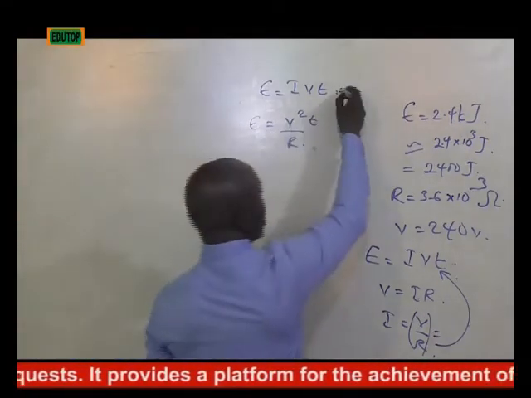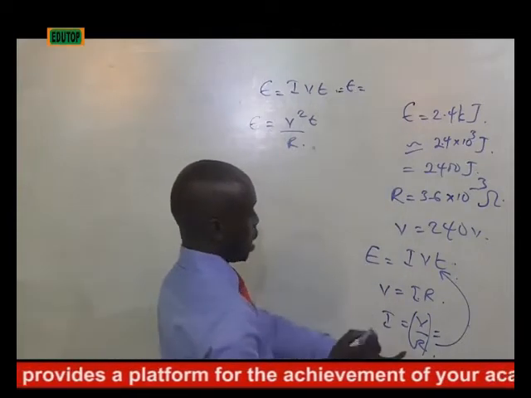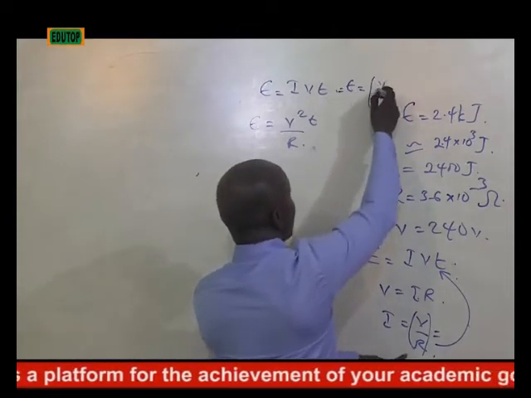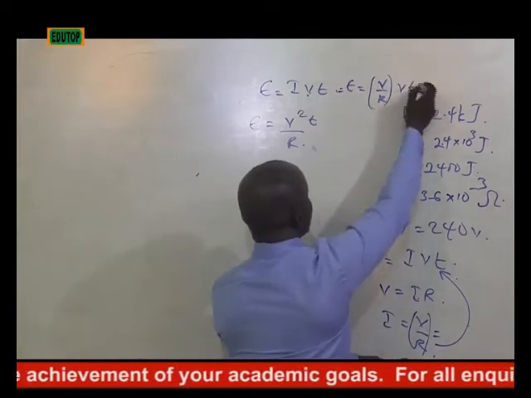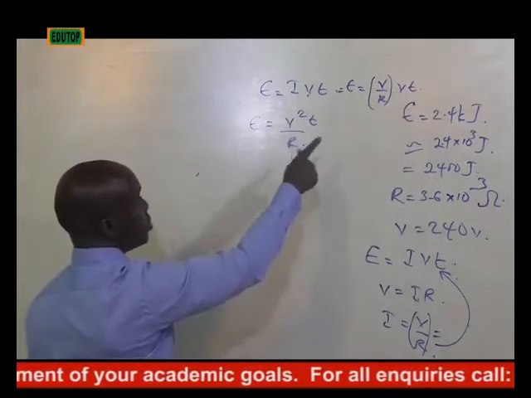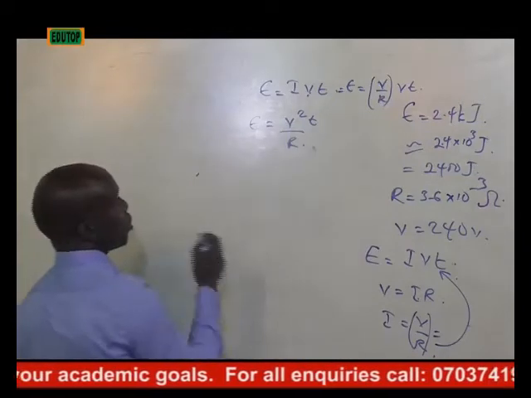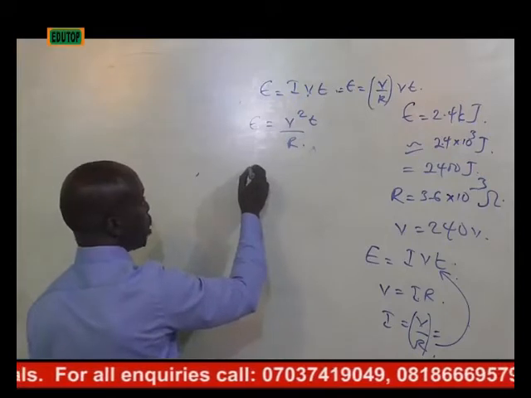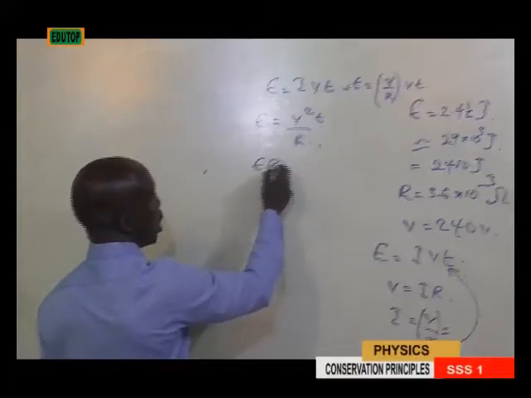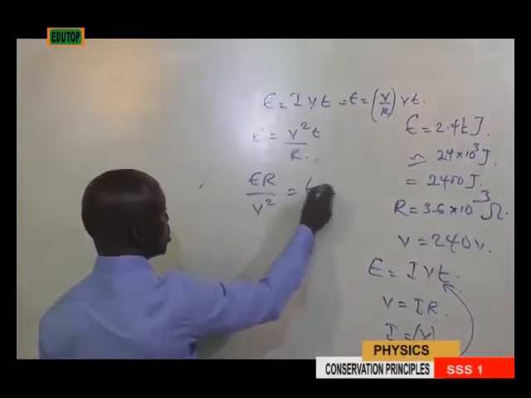This is it. E equals, this is my I already, so it will now be V over R times VT. So V times V will give you V squared, then T over R. So from there I can now make my T subject of formula. So my T will now become ER over V squared.